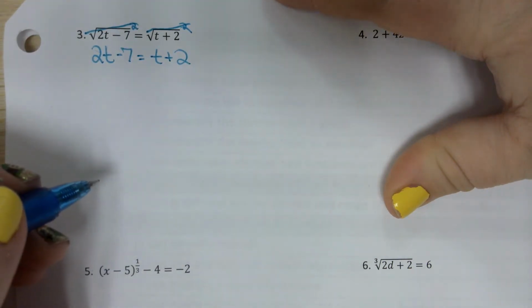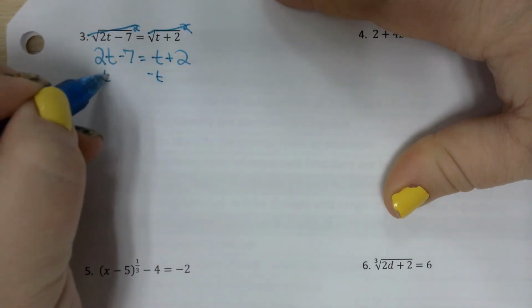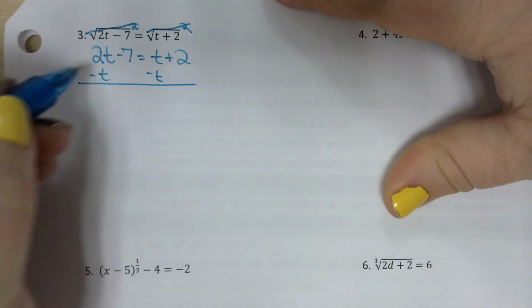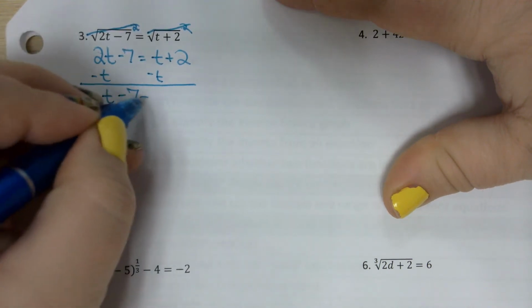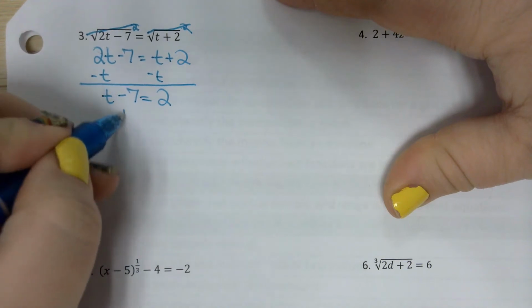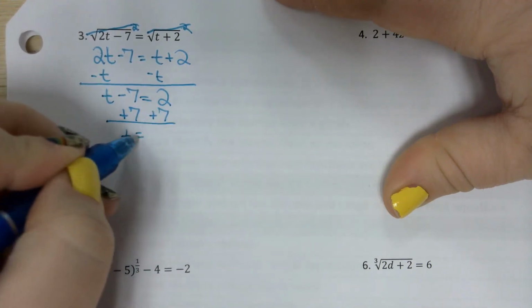So we'll solve this equation by subtracting 1t from both sides. 2t minus 1t is 1t. Minus 7 equals 2. Then we'll add 7 to both sides. And t is equal to 9.